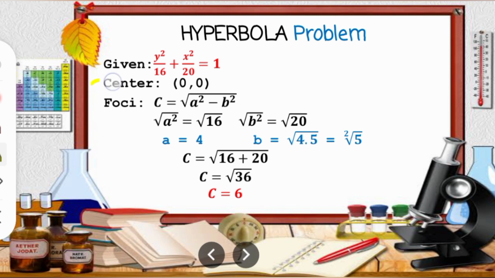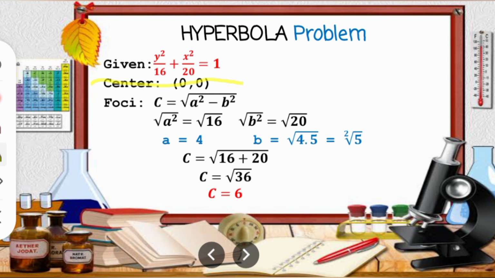We have this given: y squared over 16 plus x squared over 20 is equal to 1. So our center here is at (0, 0).